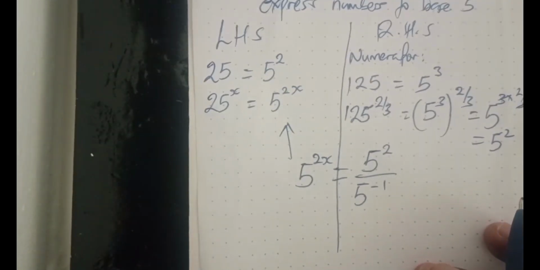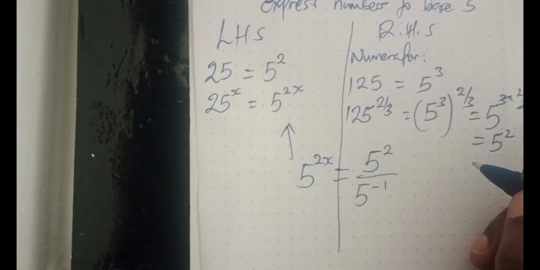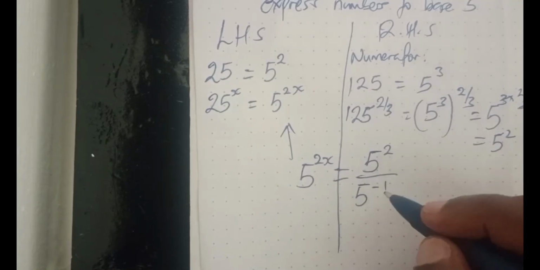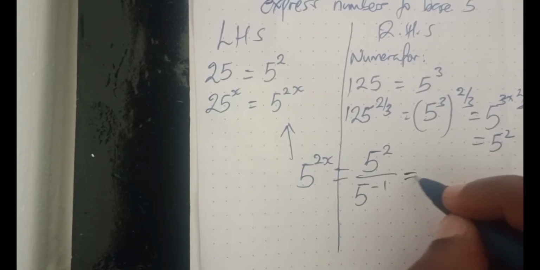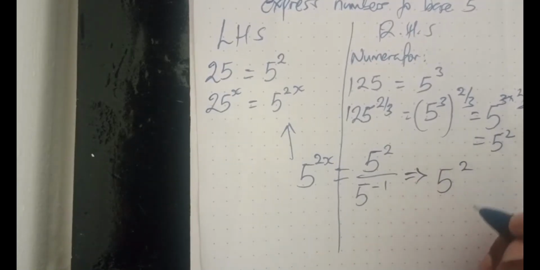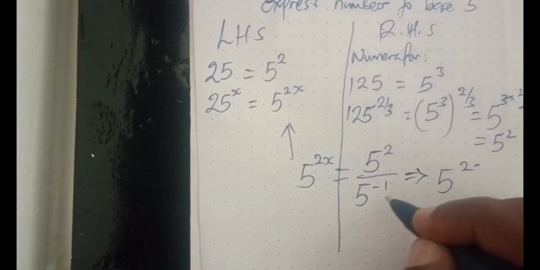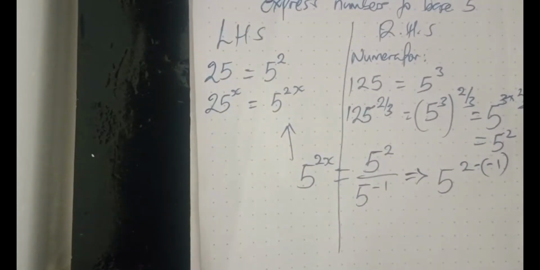Let's apply the laws of division of indices, which says that anytime you're dividing numbers that have powers, when they have a common base, then you subtract the powers. In our case, 5 squared divided by 5 to power -1 is the same as 5 to the power 2 minus the lower power -1.